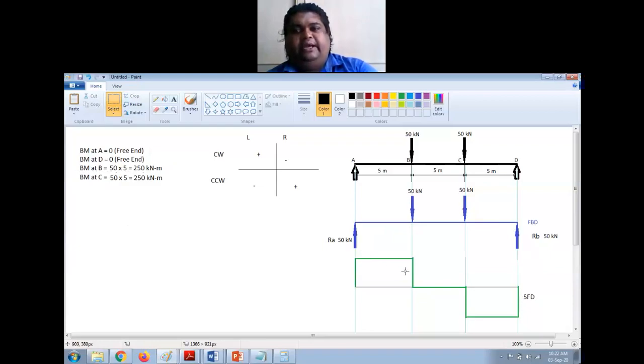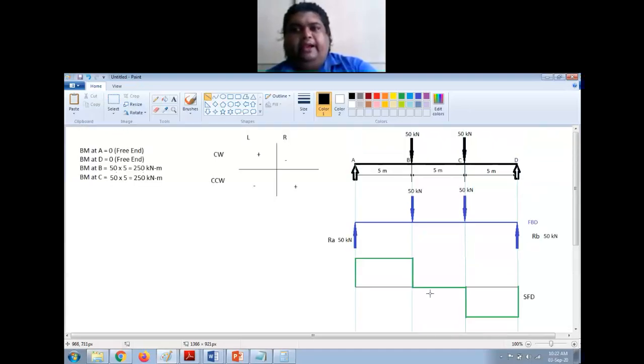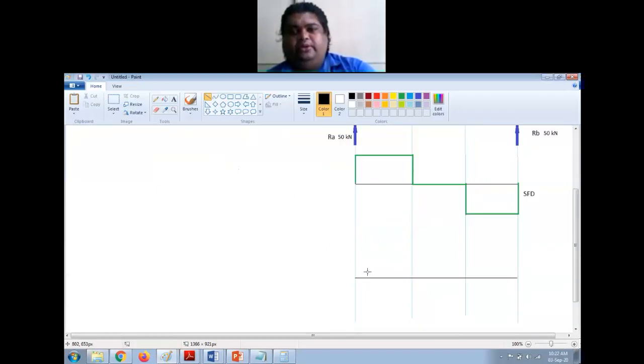Now I have bending moment at all the 4 points. I can draw the bending moment diagram. So for drawing the bending moment diagram, I'll first start from point A. At point A, the bending moment is 0, so it will be here. And at point B, it is 250 kilonewton meter. So from 0 to 250 kilonewton meter, it varies like this, right?